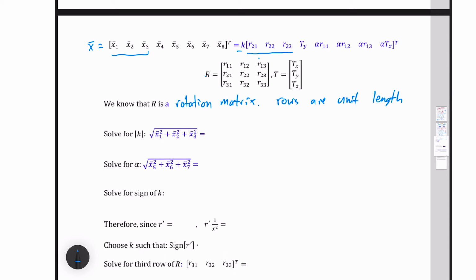The square root of these x bar locations is equal to k squared times r21 squared plus r22 squared plus r23 quantity squared. You can easily factor that out because this quantity here is unit length. That's 1. So that is equal to the square root of k squared, so we get the absolute value of k. We don't know the sign, but we get the absolute value of k.